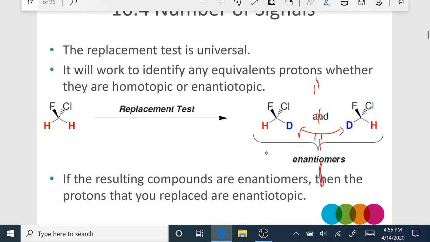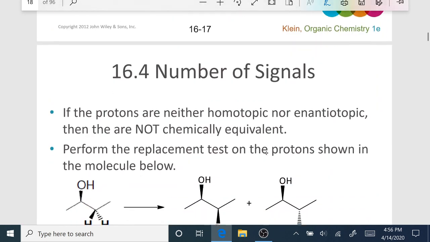I can put a mirror between them, and I see that these are enantiomers of each other from that replacement test, and therefore these hydrogens, let's call them HA and HB, are going to give us the same signal in NMR. Okay, so HA and HB over here on the left are going to give us the same signal because they are enantiotopic.